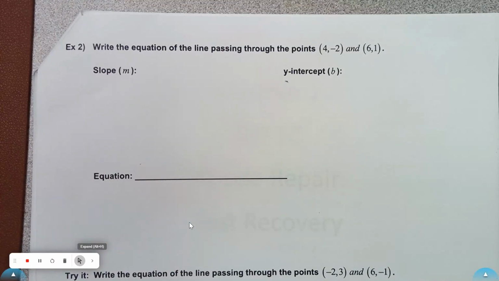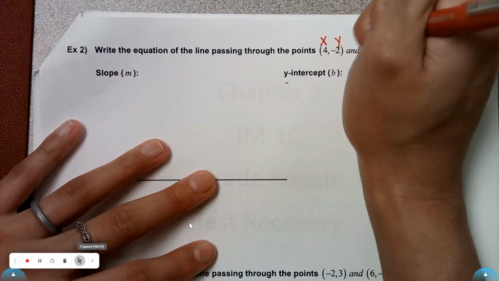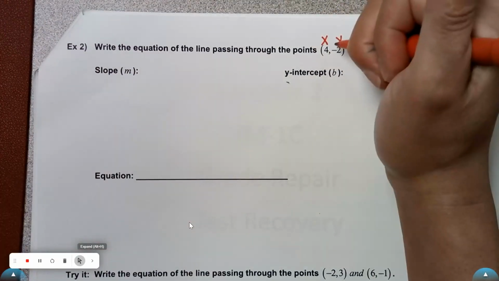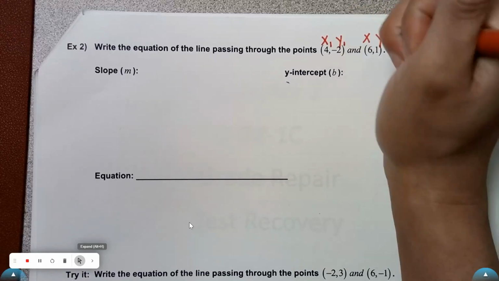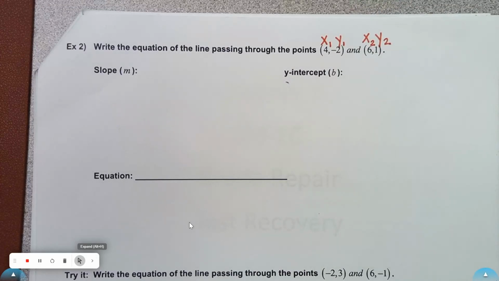So just like the first example that we did, we are going to label our x and our y. So this is x and y, this is x and y. The first point is number 1, the second point is number 2. I'm going to plug them into the slope formula. If you don't remember, it's on the previous page.